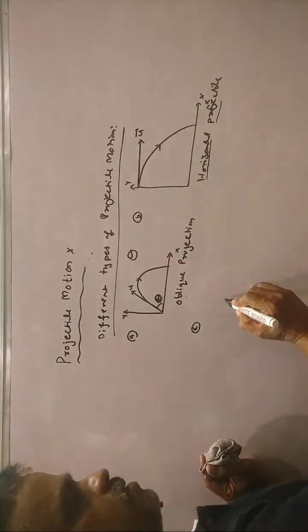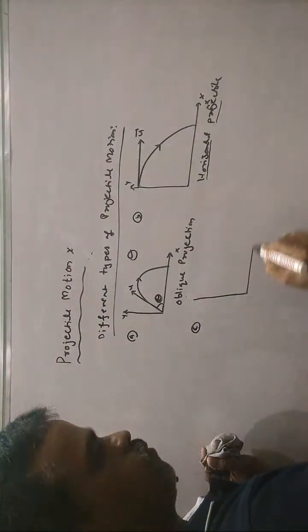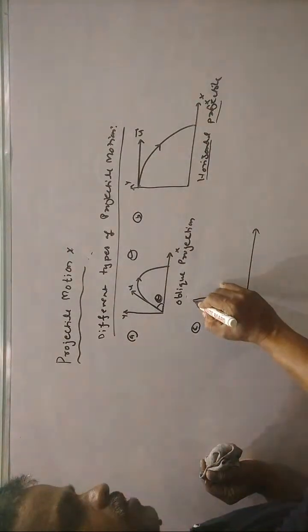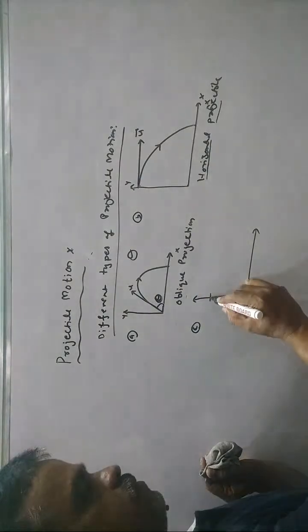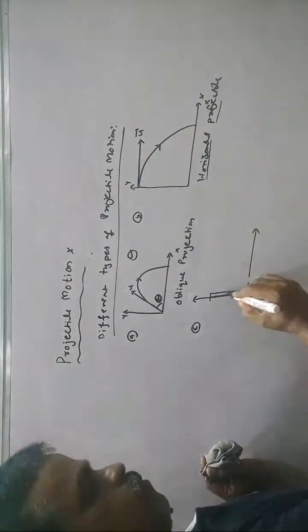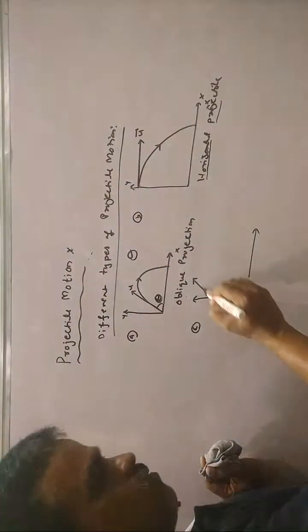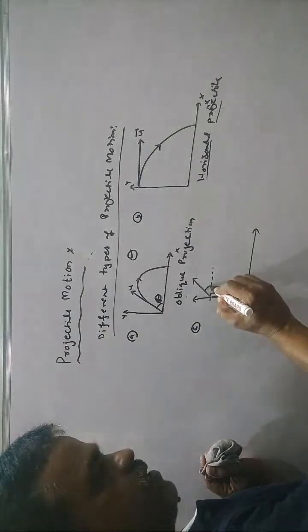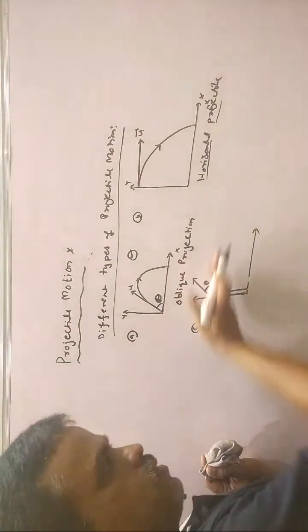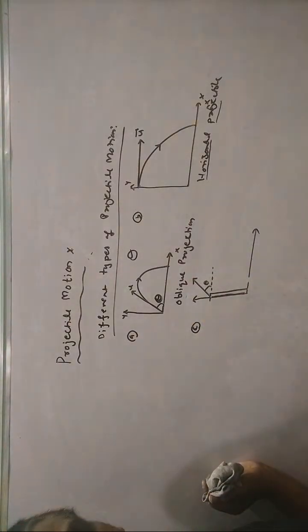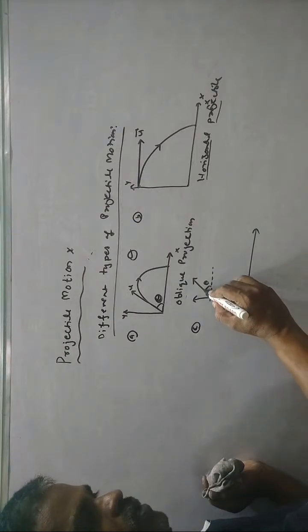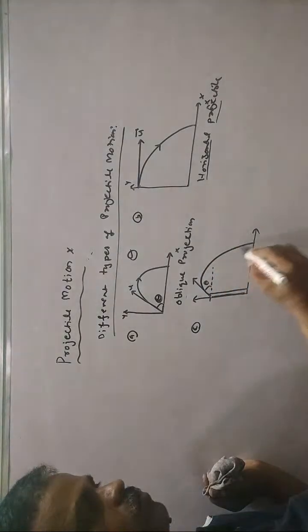In the C case, is it visible? Yes. So this is the height. From the height we are projecting obliquely, which means making angle theta with the horizontal. The body will go initially like this, then falls down.